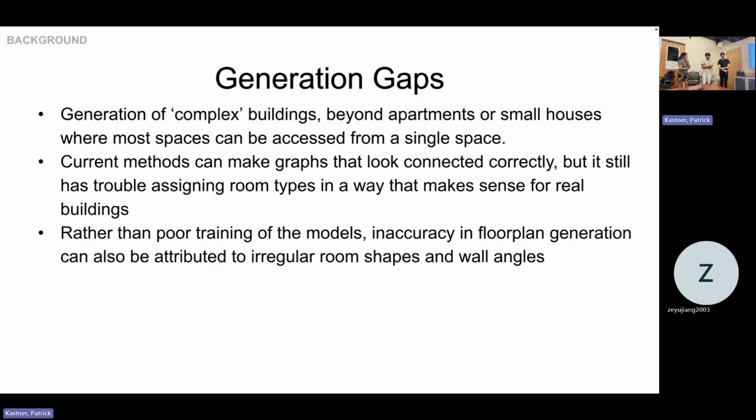Okay, I can talk about this. There are some generation gaps. Other literature has worked on generating floor plans, and some of the gaps include that they use simpler data sets, so they don't use MSD. Sometimes the rooms that are generated don't make sense, like a bathroom in the middle of a kitchen.